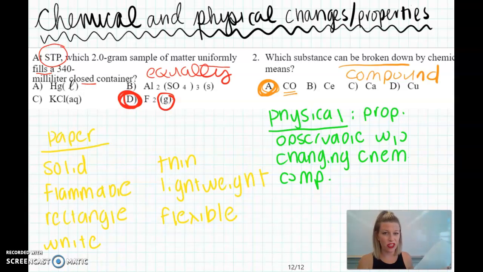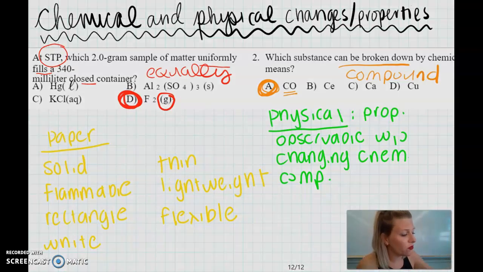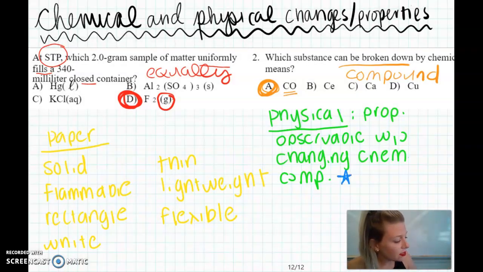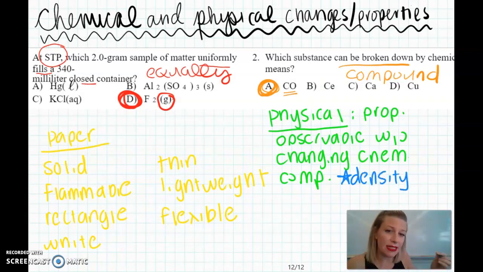I can make that observation just by seeing it. I don't have to do anything to this piece of paper. A couple of other really good physical properties that we did not list here are density of an object, right? I can measure the density of an object without changing the chemical composition.